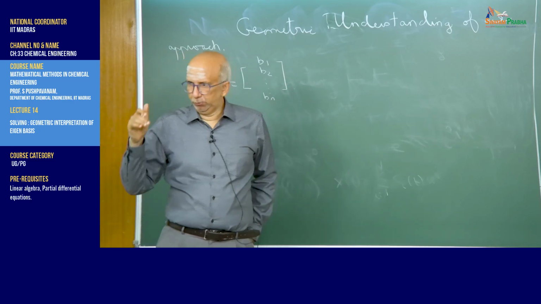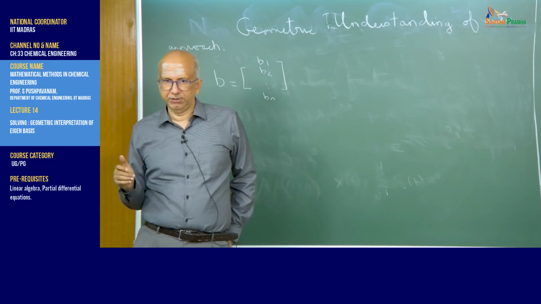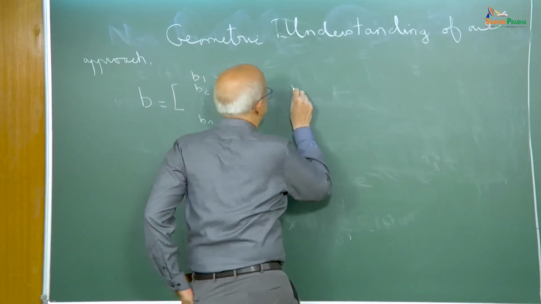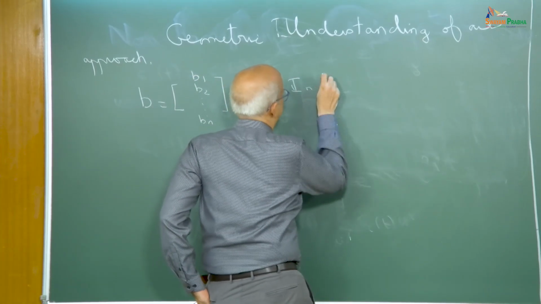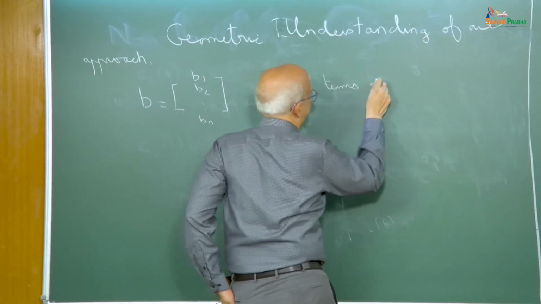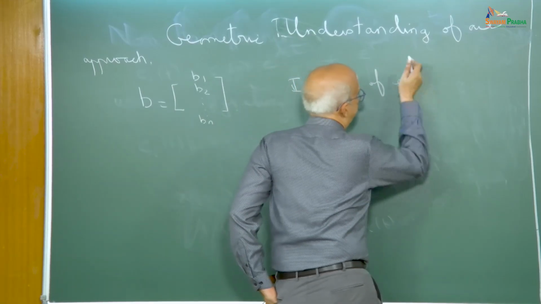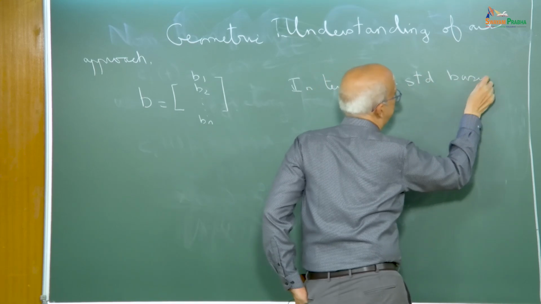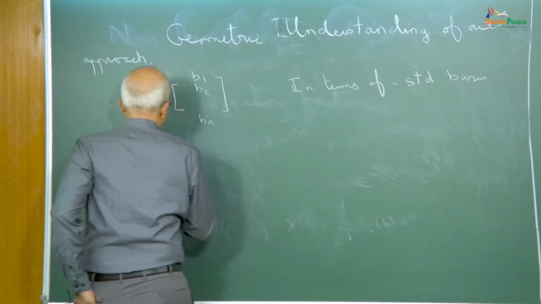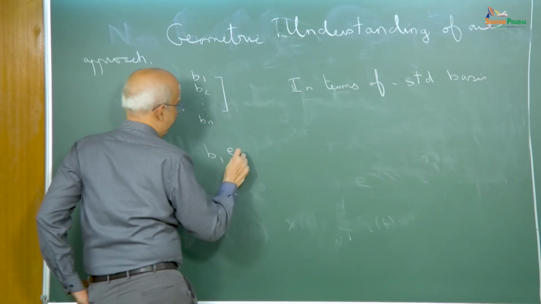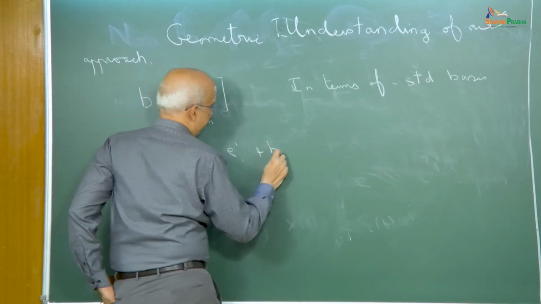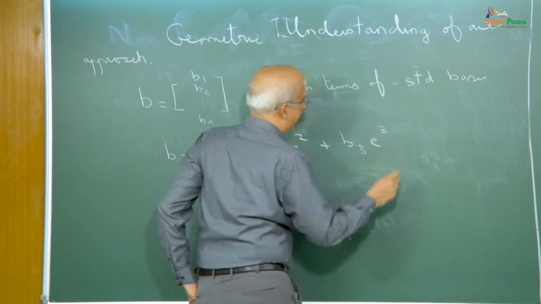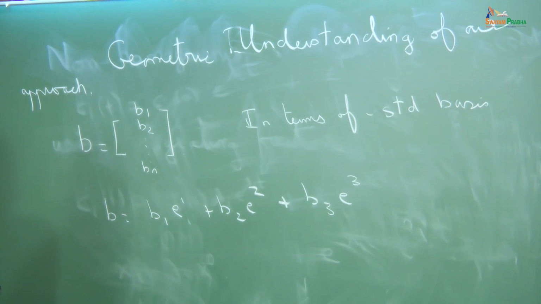B1, B2, Bn subscripts represent the different coordinates of the vector B, and in terms of the standard basis, I can write this as B equals B1 E1 plus B2 E2 plus B3 E3, etc. What is the standard basis?